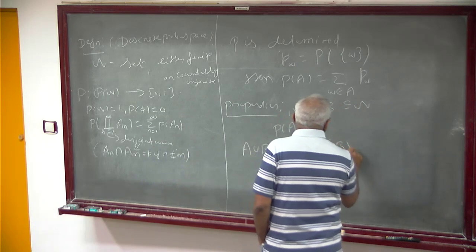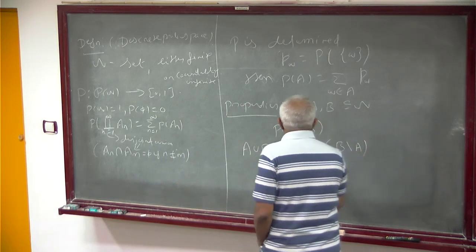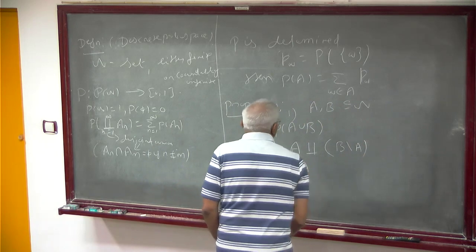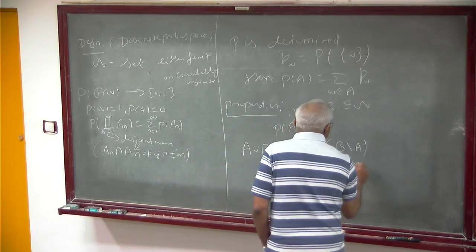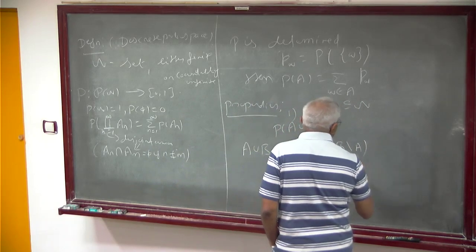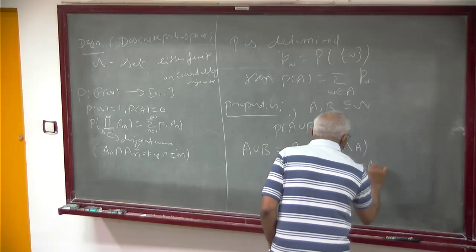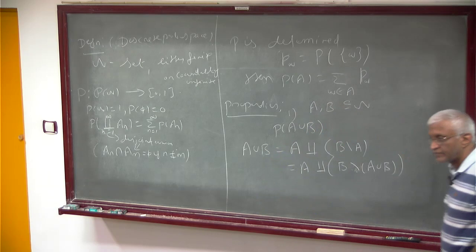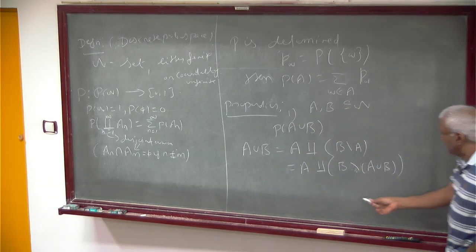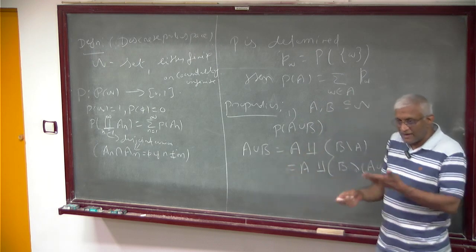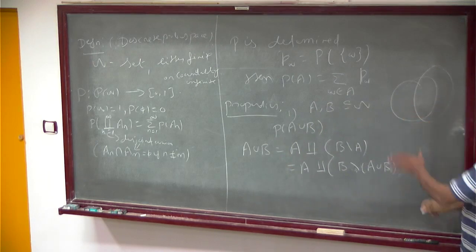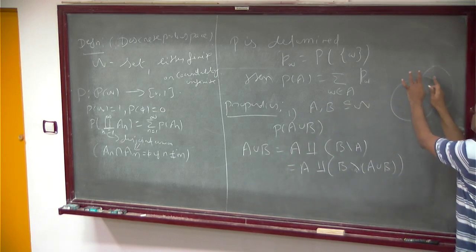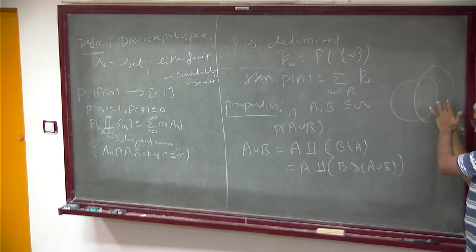B minus A is the same as B intersection A complement. You can verify this by drawing a Venn diagram: this is A, this is B, then A union B, and B minus A is this. You can use a Venn diagram to convince yourself, but that's not what you should do.